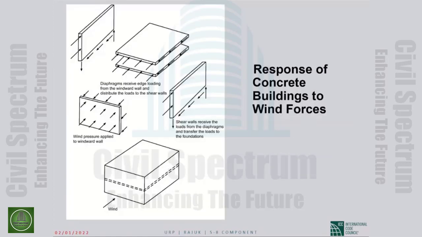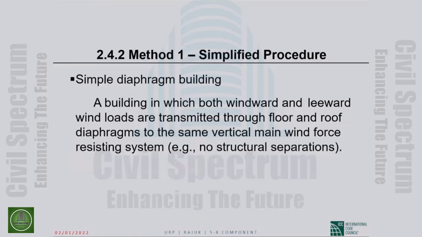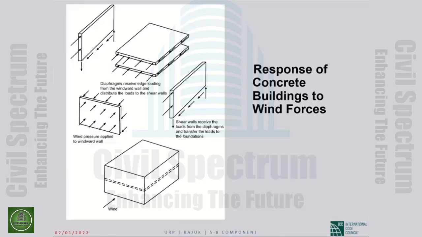Simple diaphragm building, I showed you a definition before. This is in words also. Let me cut through to the chase and tell you exactly what a simple diaphragm building is. So this is a building where wind acts on, let us say, this cladding panel of the building.